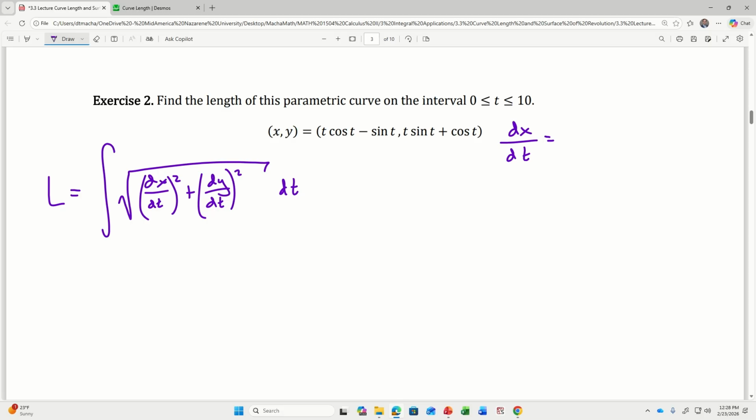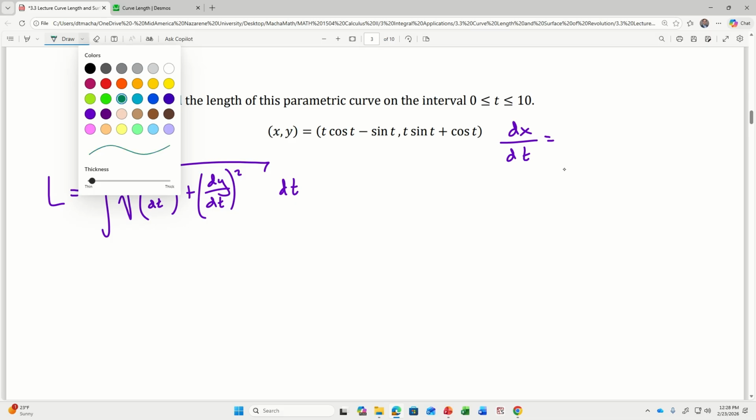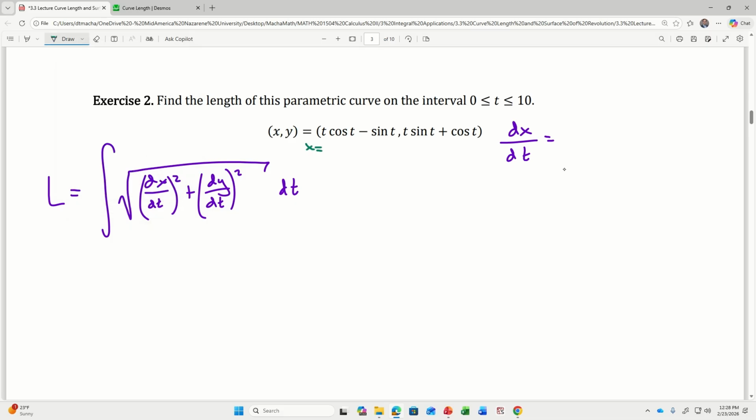For the x, you said? Yeah, what's dx/dt? Cosine of t minus t times sine of t. Wait a minute. Yes, I think so. x is t cosine t minus sine t. Don't forget about the minus sine t part. Because when we take the derivative here, you're right to use the product rule, and you used it correctly.